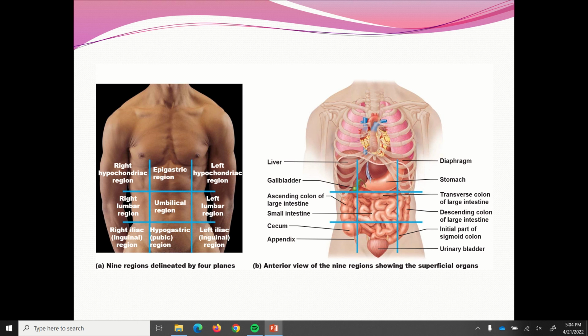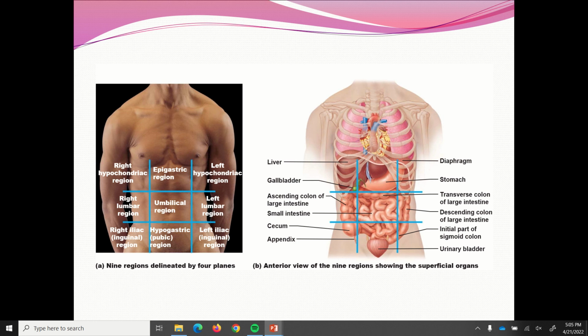Centering back on the umbilical region, to the right is the right lumbar, the left lumbar. Looking at the hypogastric or pubic region, to the right of that is the inguinal or iliac region, and the left iliac or inguinal region.